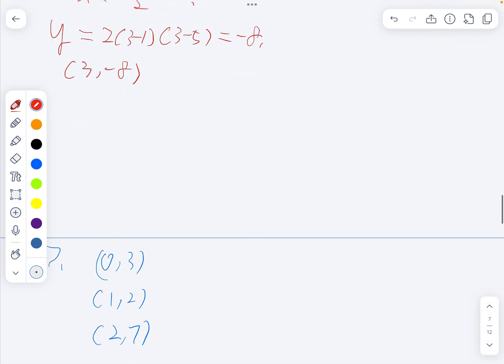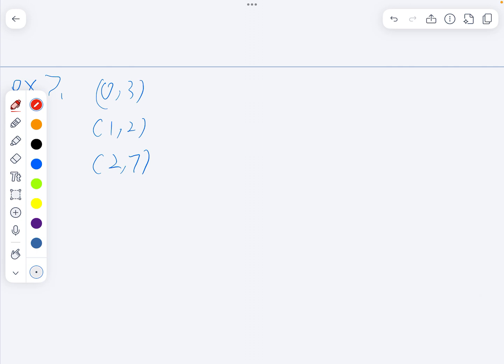Okay, next we have the next question. We need to get the solution. So we already know that this is the standard form.